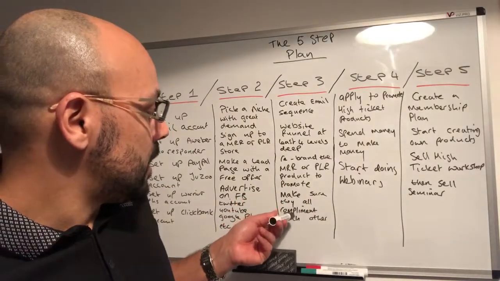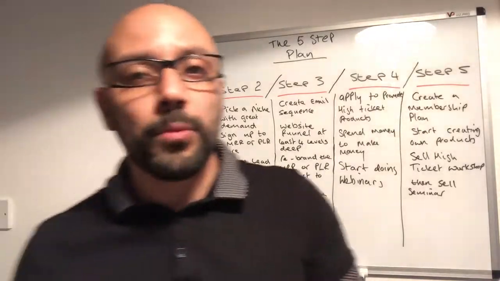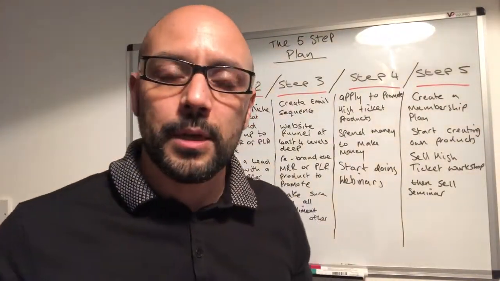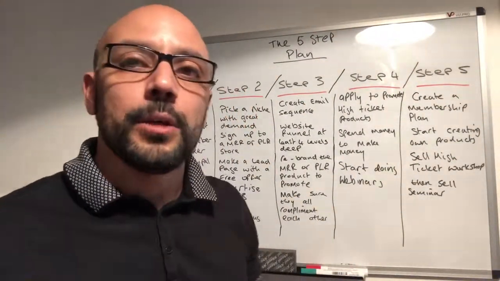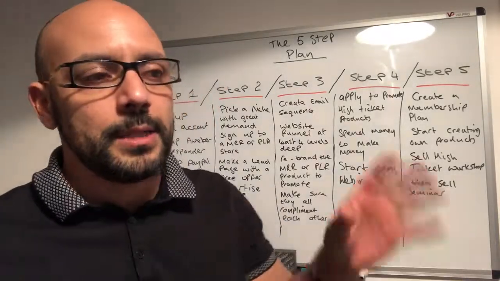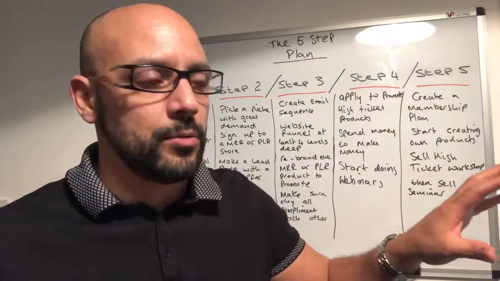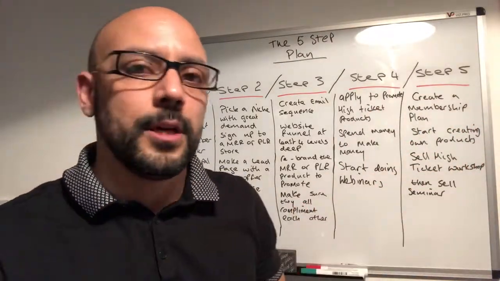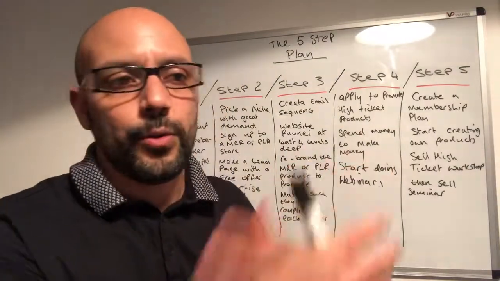Once you've done that, make sure that all the products complement each other. Once you've signed up to a PLR site, an MRR site, you've got to make sure that if you're promoting how to make money or anything like this, you have the follow-up course. Say the front end product was learn how to do Facebook advertising, PDF documents, with a few extra bonuses.